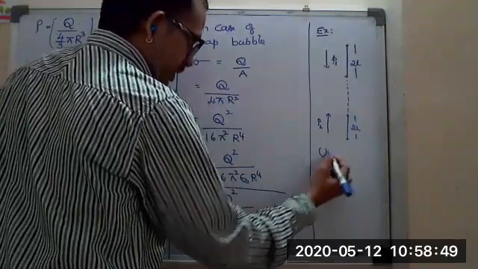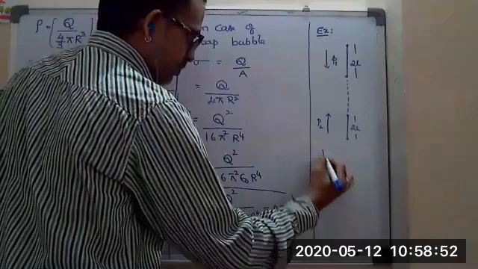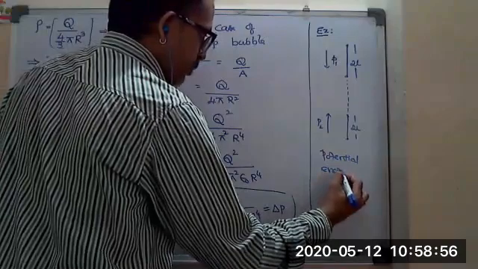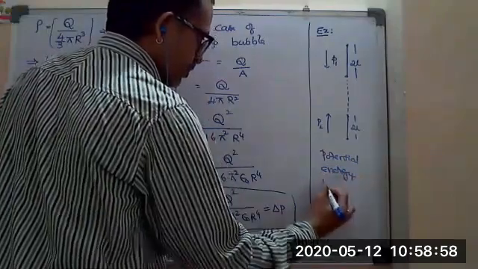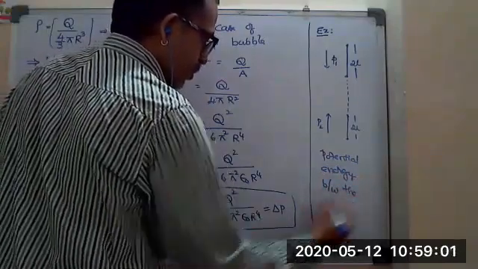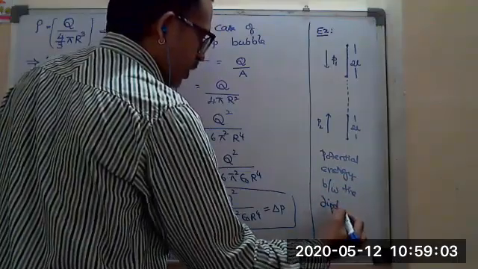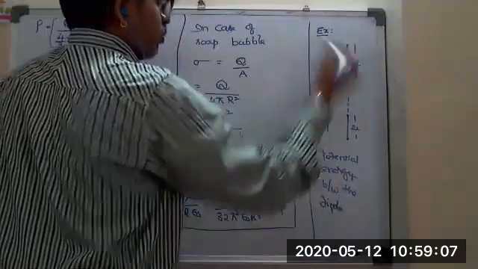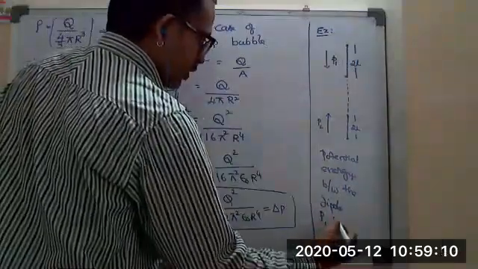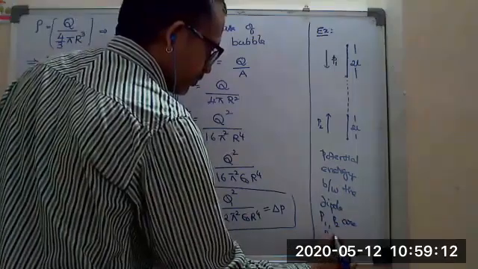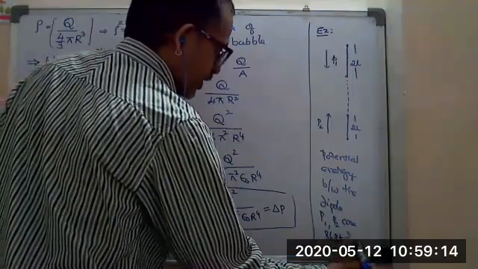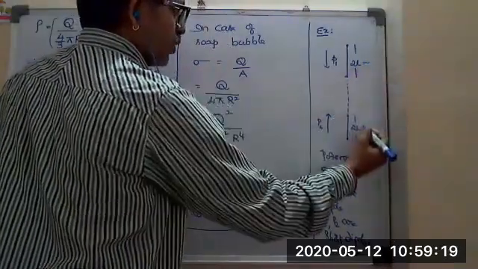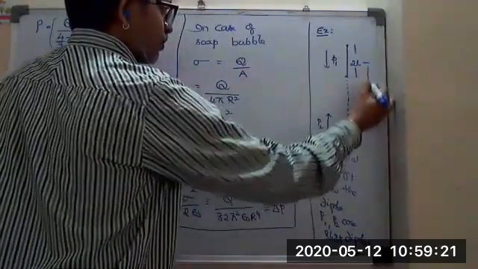What is the potential energy between the dipoles? It is better to solve it easily by considering them as short dipoles. Consider both P1 and P2 are short dipoles, so that you will get the answer very easily. And the separation between the centers is R.